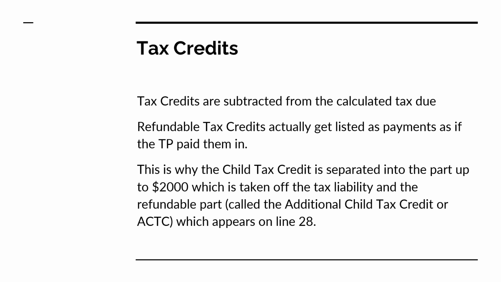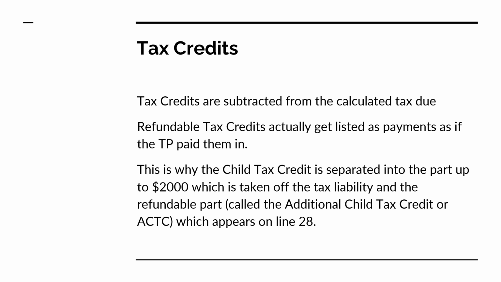And we talked the other day about the child tax credit. The child tax credit is taken as a credit in the area where credits are taken that bring the tax liability as low as 0.